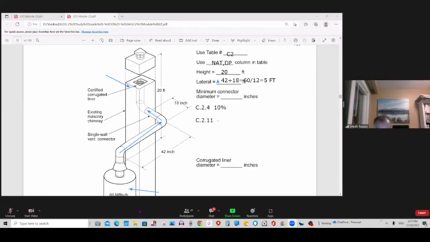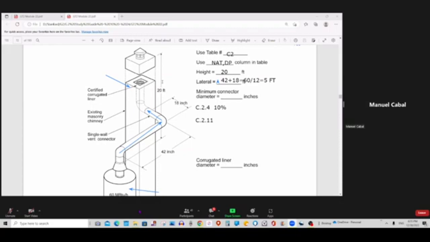Okay? Now, would you please read C.2.11 too? C.2.11: certified corrugated metallic chimney liner systems in masonry chimneys shall be sized according to table C.1 or C.2 for dedicated venting and table C.3 or C.4 for common venting, with a maximum capacity reduced by 20%.